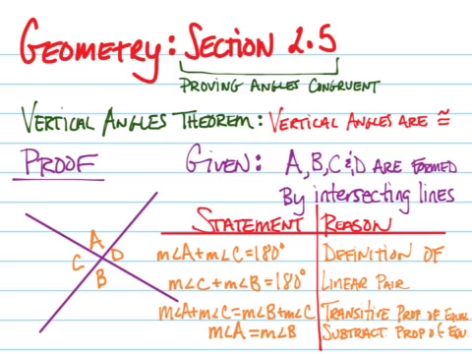Remember, we want to show that they're congruent. If the measures are the same, what can we conclude? Yes, and we say that they're congruent. A is congruent to B by the definition of congruence. All right, so we've shown for any case that A is going to be congruent to B. So any vertical angles are going to be congruent. We have a proof for it.